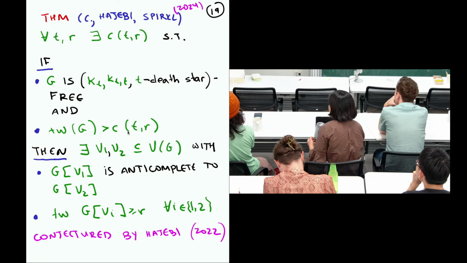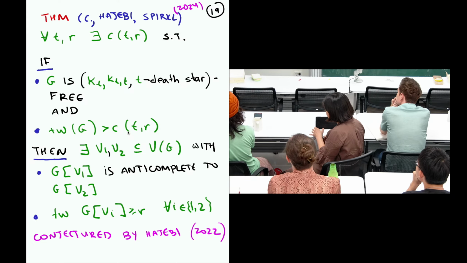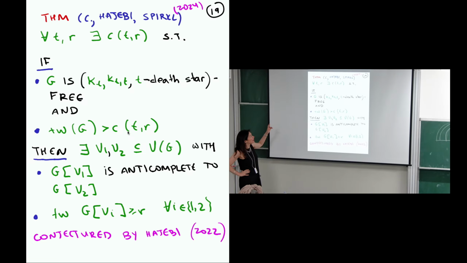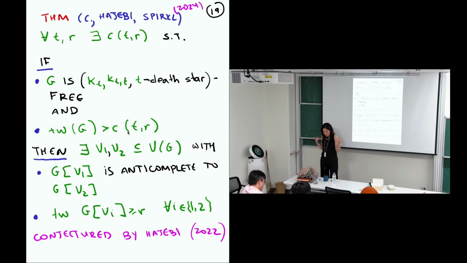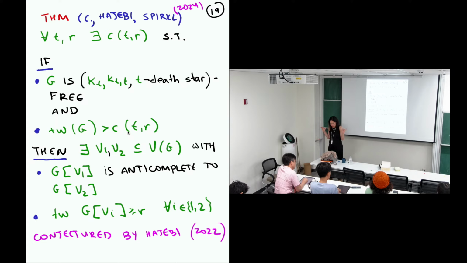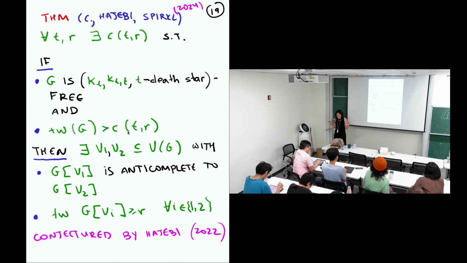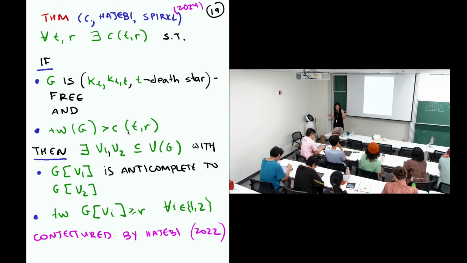So, okay. Sepehr Hajebi came up with a conjecture that did that. It didn't list all obstructions explicitly, but it picked up on some properties that they all had. The property was that every graph of sufficiently large treewidth has two anticomplete subgraphs of large treewidth.